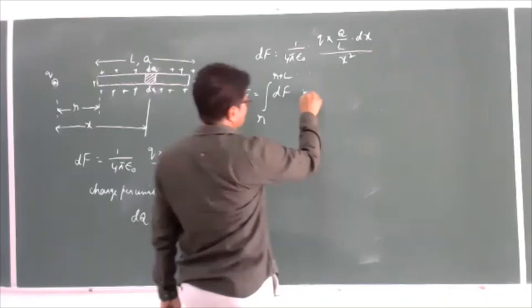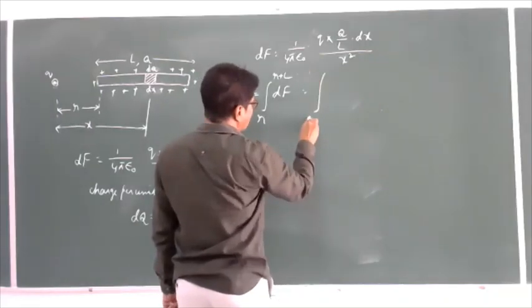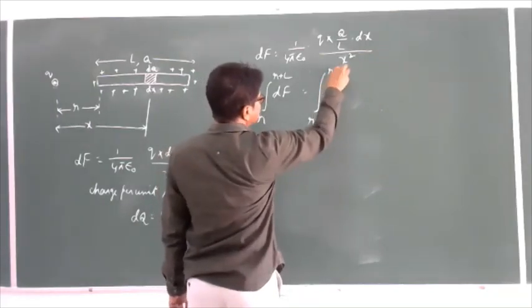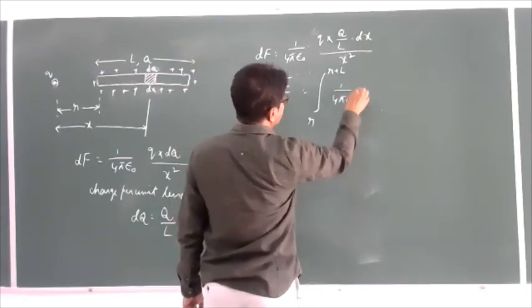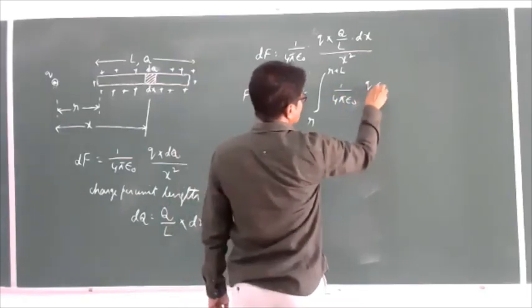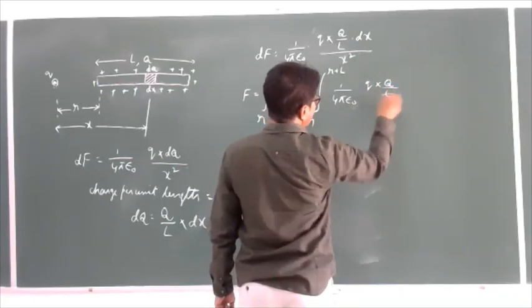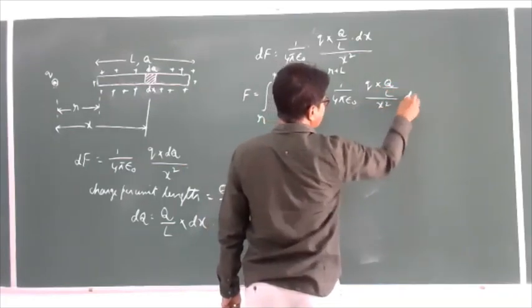Which is equal to the integral from r to r plus L of 1 by 4 pi epsilon naught, small q into Q by L, by x square dx.